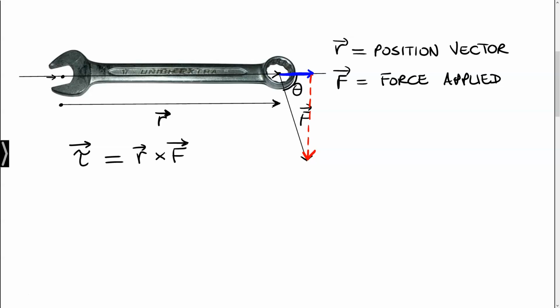then it's pretty clear that the magnitude of this piece here, the red vector, is going to be the magnitude of F times the sine of theta. That's just from trigonometry.